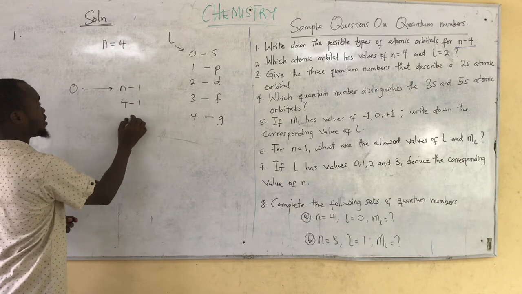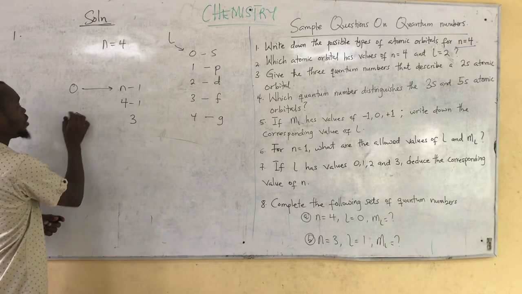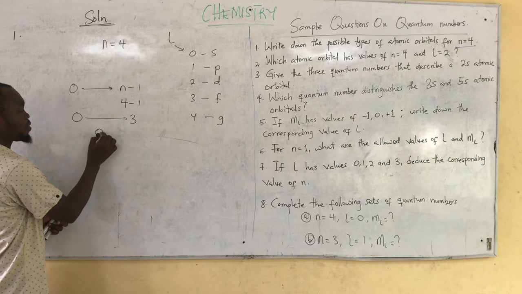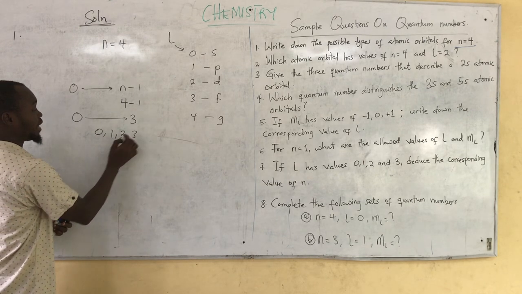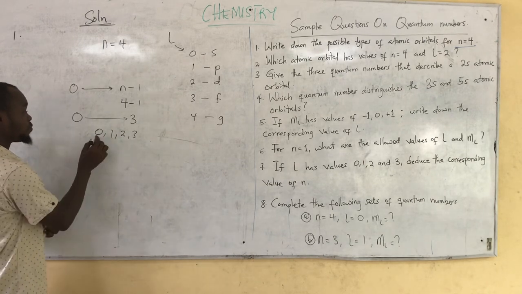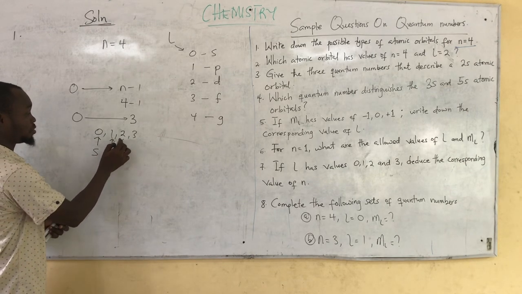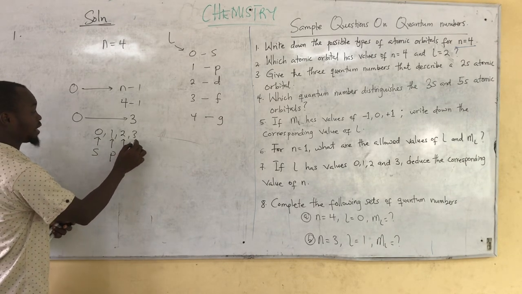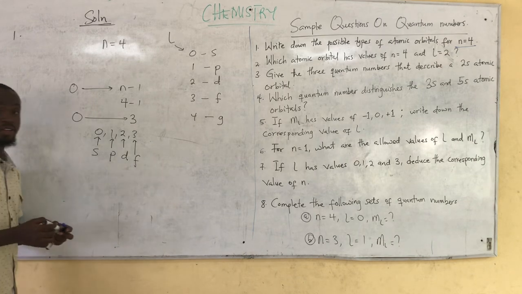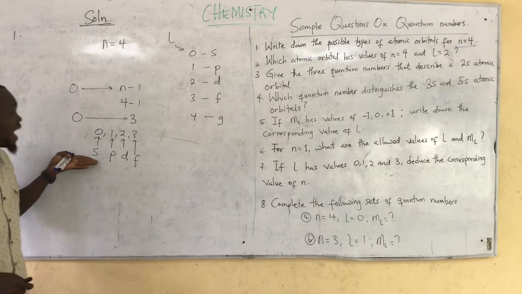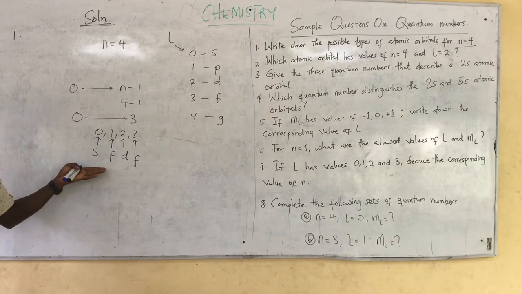So 4 minus 1 is equal to 3. So our value range becomes 0 to 3. For 0 to 3, we have the values 0, 1, 2, and then 3. Don't forget that 0 represents an s orbital, 1 represents a p orbital, 2 represents a d orbital, and 3 represents an f orbital. So in the fourth energy level, or if n is equal to 4, we have all these 4 orbitals present.